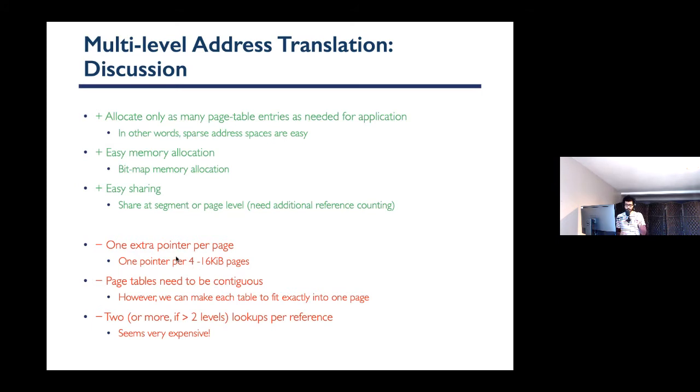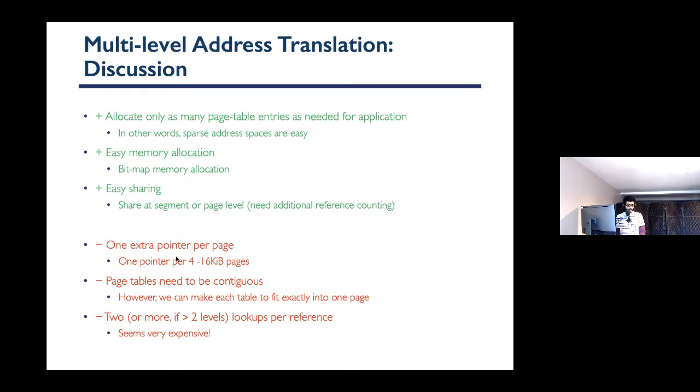So for one memory access, as I said last time, you might need 5 memory accesses to just walk through your page table to do the translation, and that is super bad, and we have to fix it in one way or another.